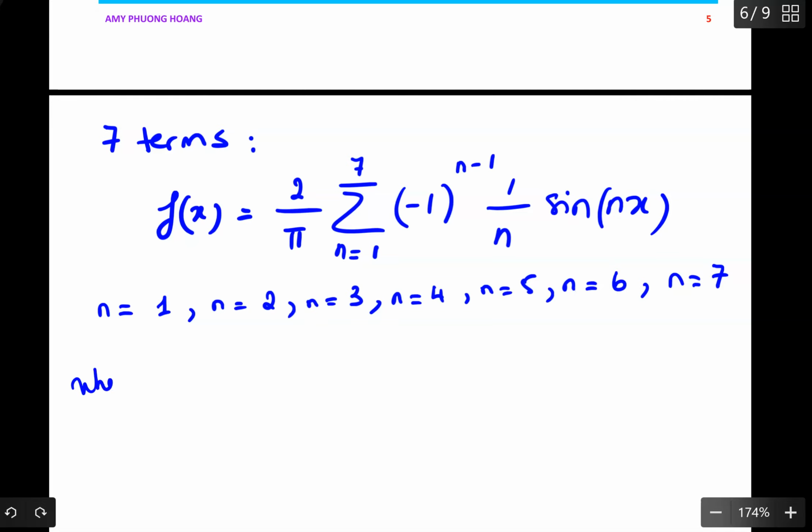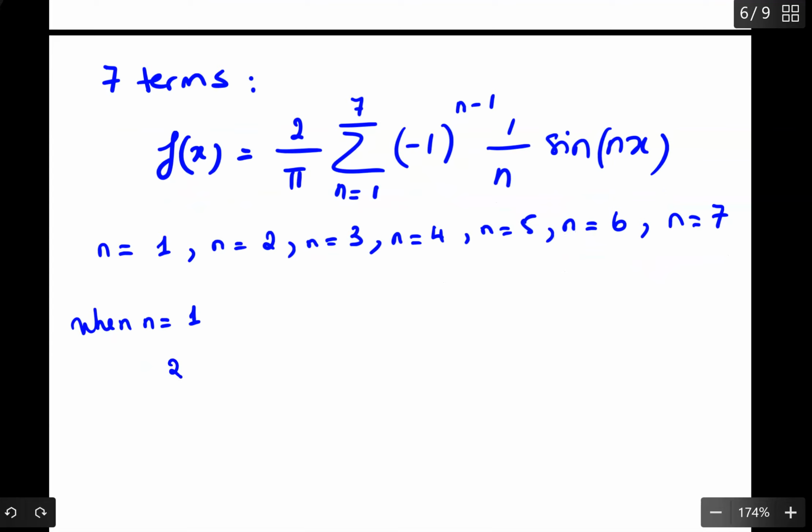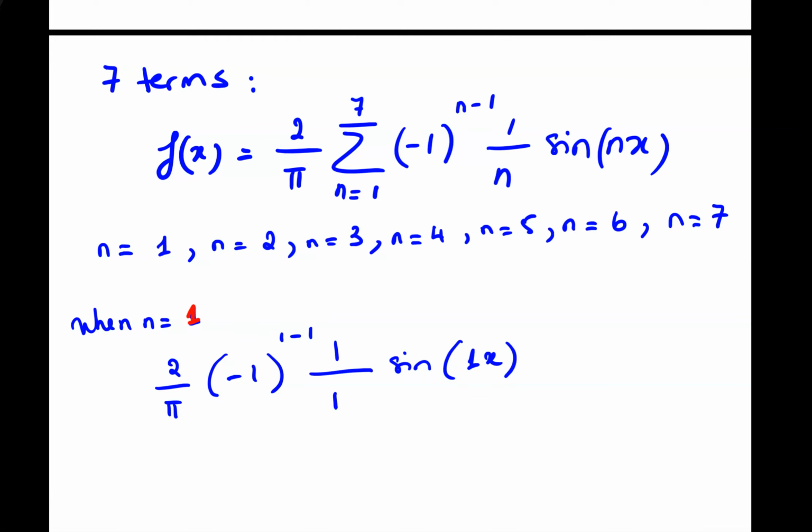So when n equal to 1, I should have 2 over pi multiplied by minus 1 to the exponent 1 minus 1, times 1 over 1, sine of 1x. Let's write in a different color so everyone will recognize that I have n minus 1, so in this case 1 minus 1, 1 divided by 1, and sine of 1x.